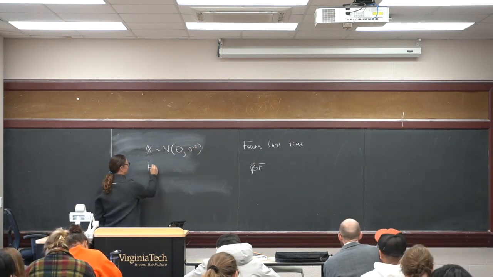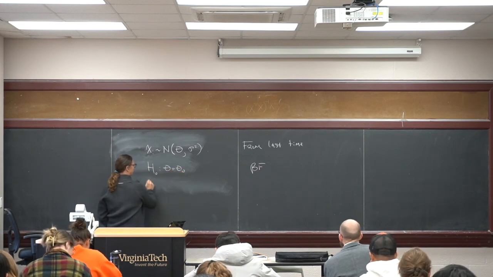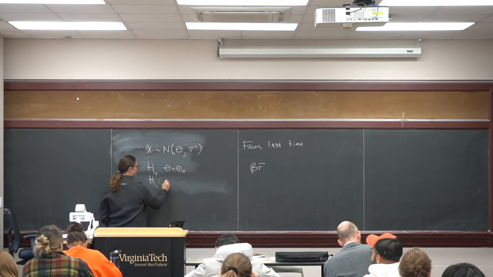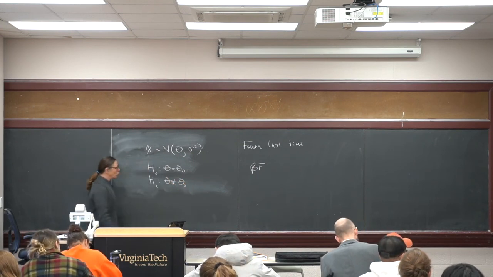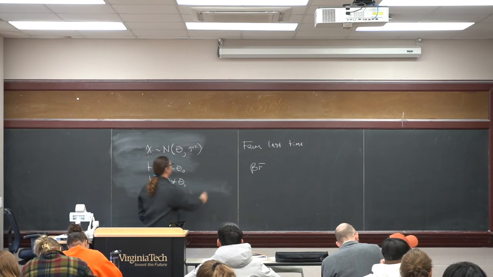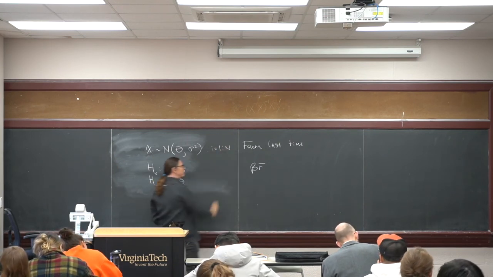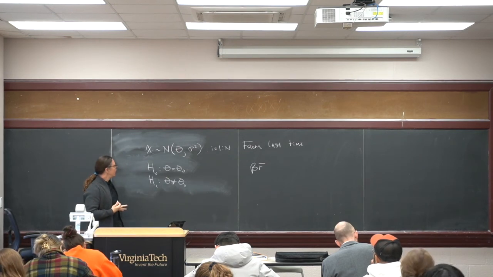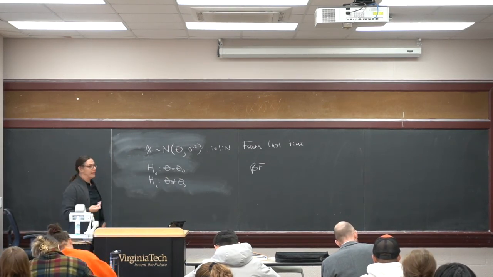And we want to test something like this: theta is equal to theta naught versus theta is something different. And so we're working through this Bayesian incarnation of everything. So I can set the problem up like this, and I can work out everything under this specification.